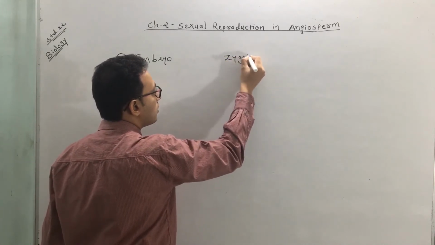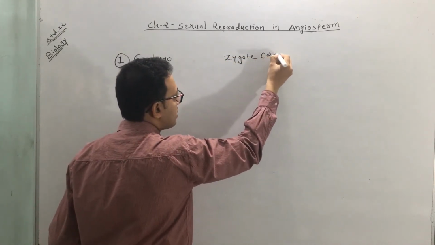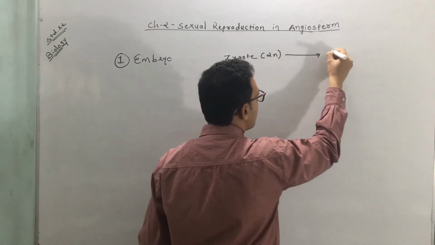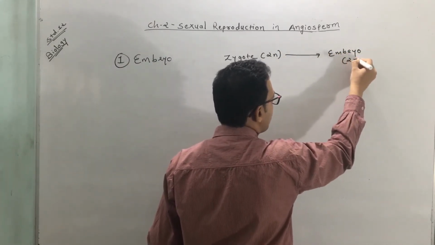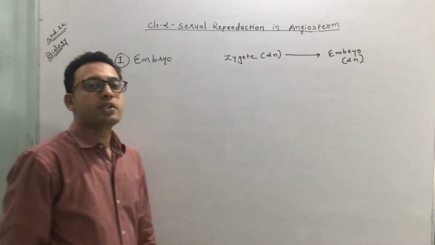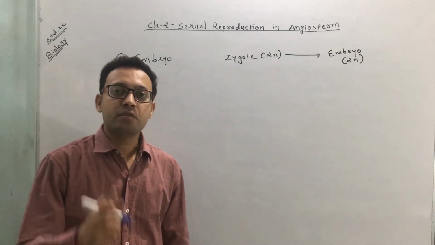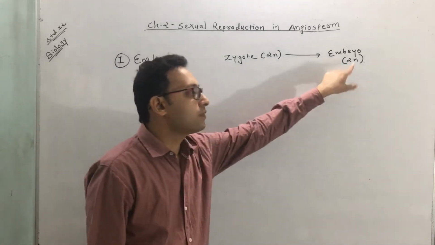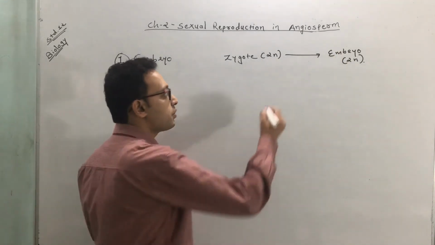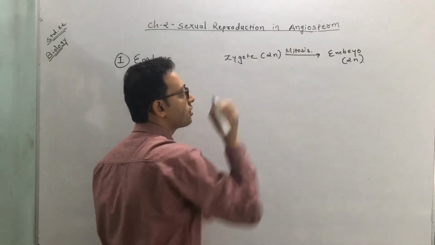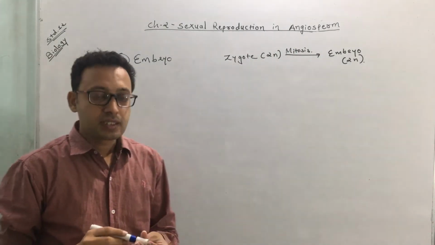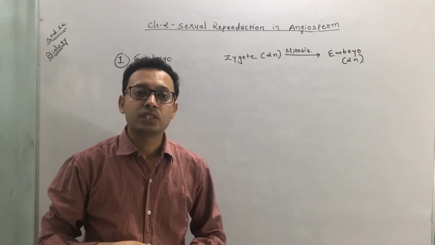This zygote, which is diploid in nature, converts into an embryo by mitotic division. Hence, the embryo is also diploid, meaning it contains 2n chromosomes. By which process do they convert? By a process called mitosis.